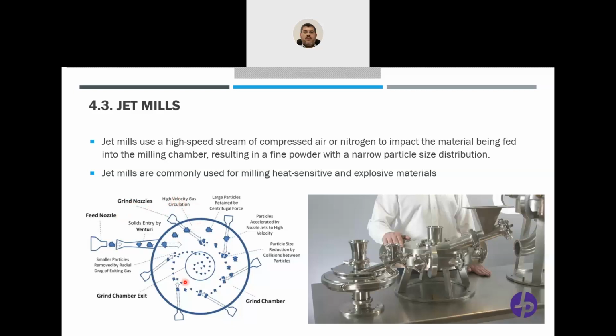Okay, this is the chamber where grinding will occur. So materials will enter, and then under gas pressure they keep circulating, they keep hitting each other, they keep hitting the wall of the chamber itself. They are accelerated by nozzle jets to high velocity. Okay, and then there will be particle size reduction by collision between particles at the end, and then they can be collected.